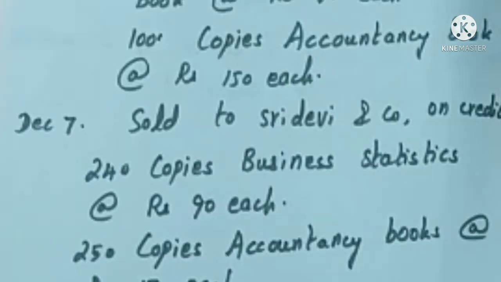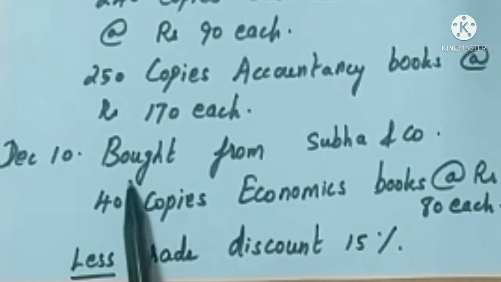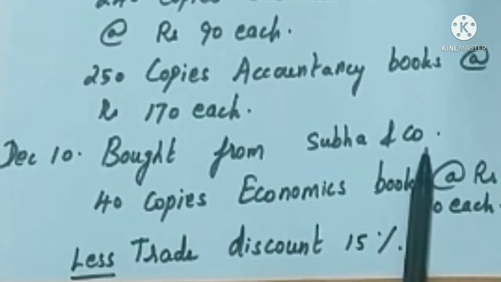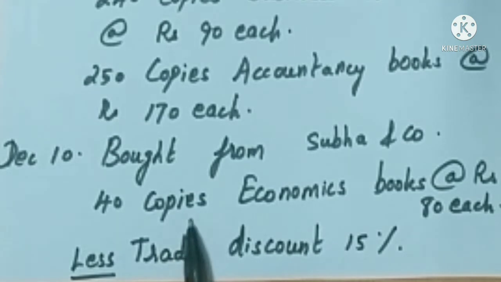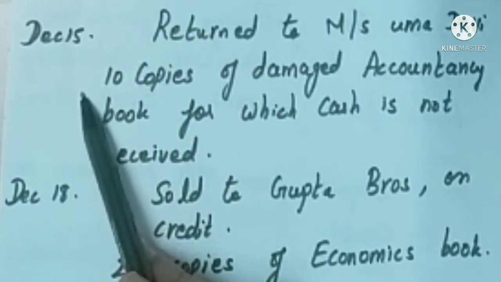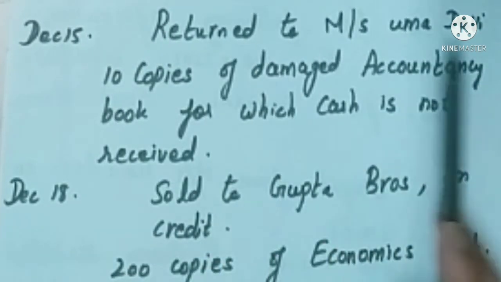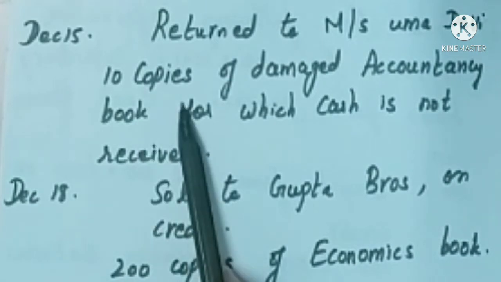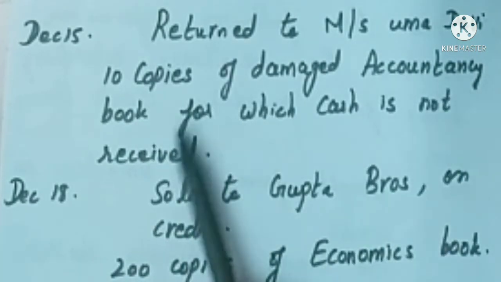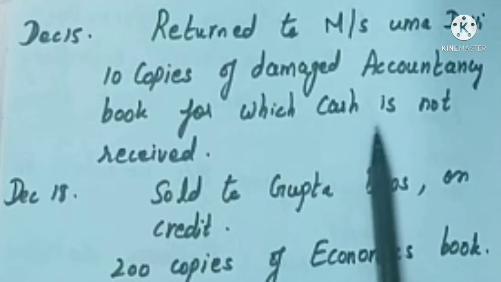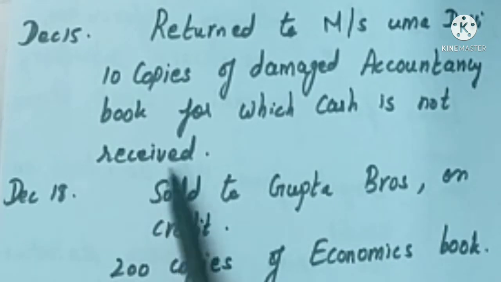December 10, bought from Subha and Co. 40 copies economics book at rupees 80 each, less trade discount 15%. December 15, returned to Uma Devi 10 copies of damaged accountancy book for which cash is not received.